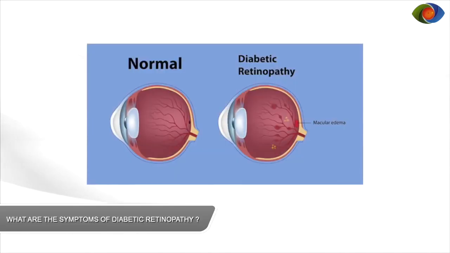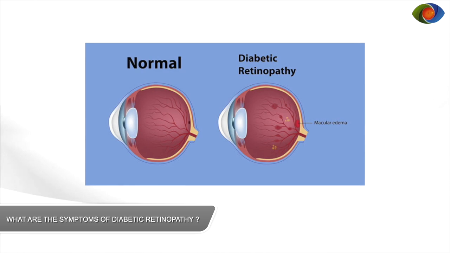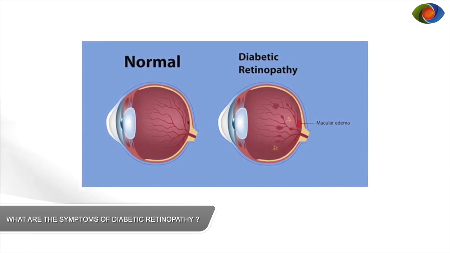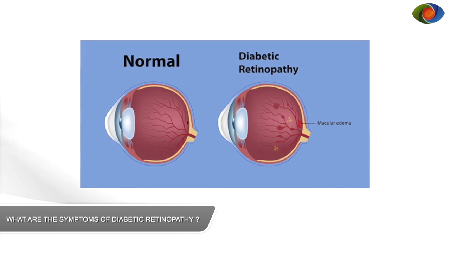In a condition called diabetic macular edema, where the macula of your eye gets swollen up with fluid, you will get a gradually progressing decrease of vision. That is the symptom of macular edema. So, like I said, in the initial stages of diabetic retinopathy, there will be no symptoms, and in the later stages, it can be either a gradual decrease in vision or a sudden decrease in vision in your eyes.